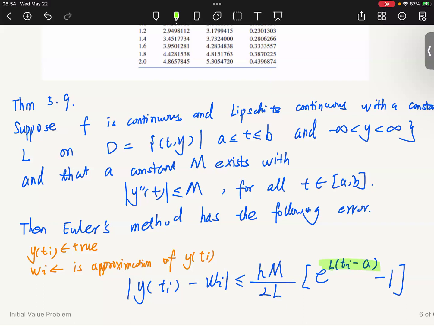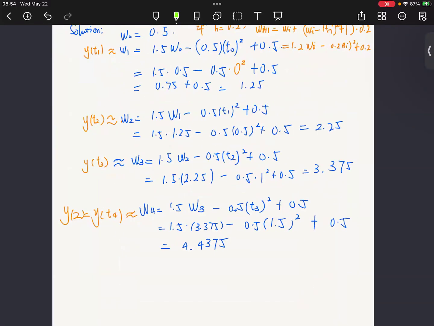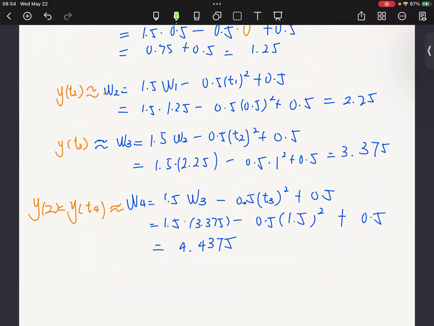Question here, like what's the number for W4? It's just step 4, and then it's C. I think you wrote 4 point something. I didn't see that part. Let me see. It should be 4.437. I think it should be 3 point something. Do you calculate it? W3 is 3.375, right? Yeah. And this part is only 0.5. Why is it 0.5 here?